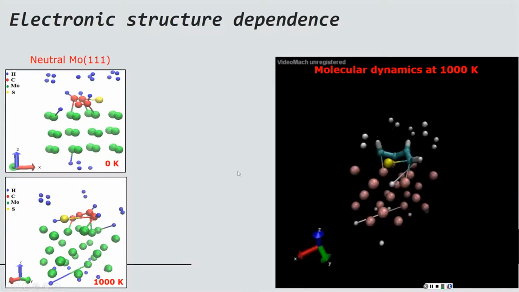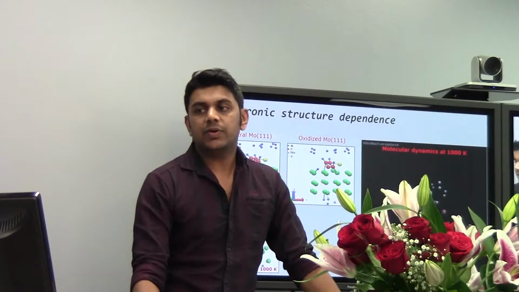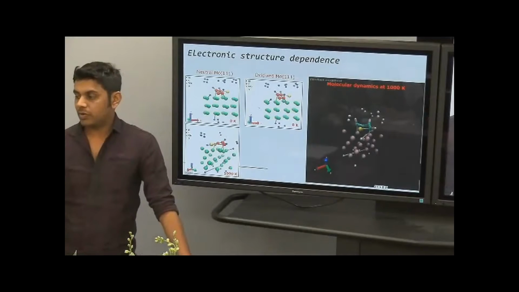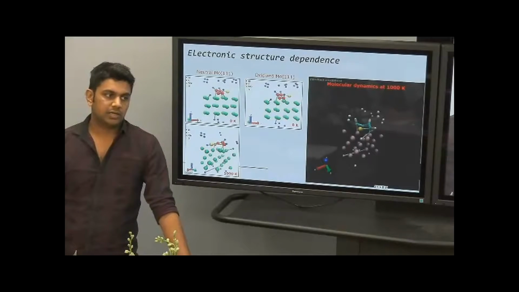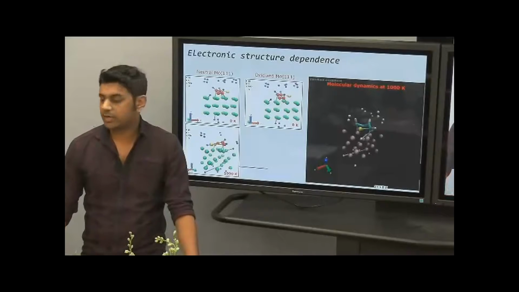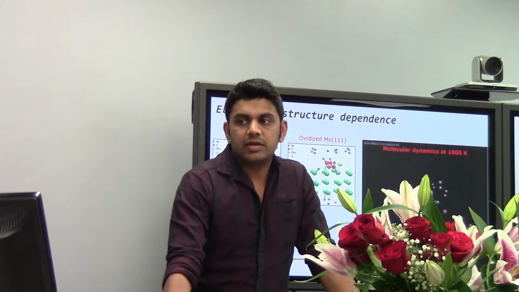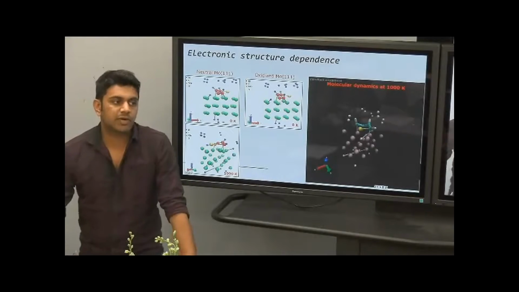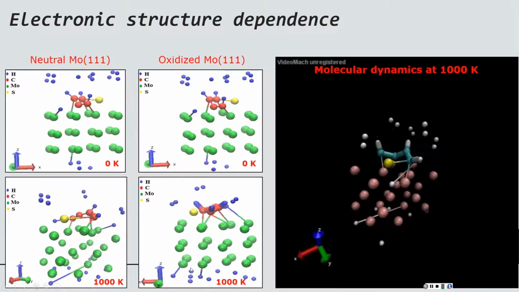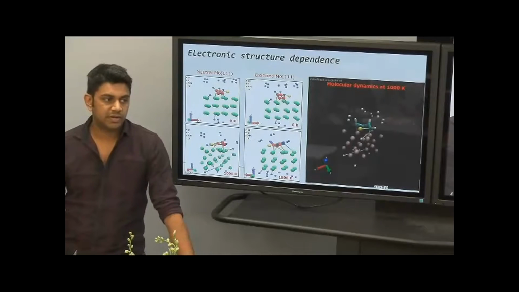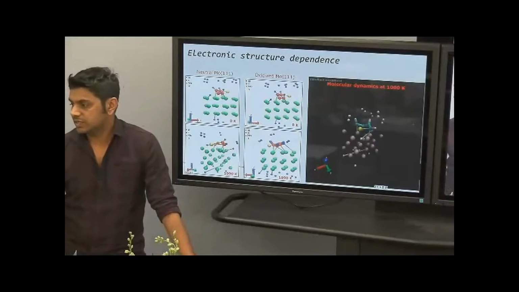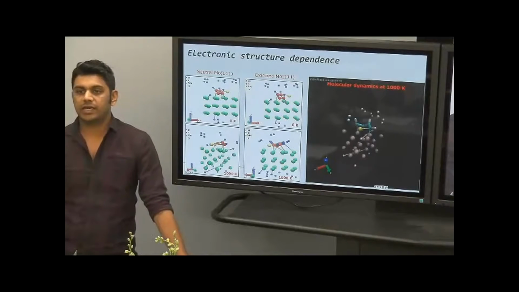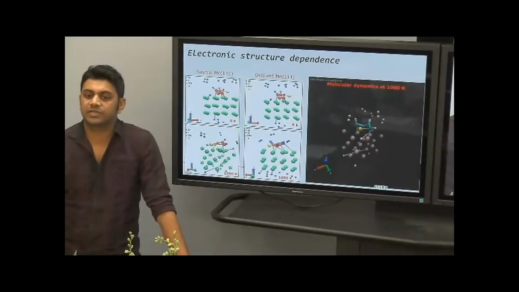And here you can see a thiophene molecule adsorbed on a moderately oxidized molybdenum surface. At 0 Kelvin, like on the neutral molybdenum surface, only one carbon sulfur bond is broken. When the surface temperature is increased to 1000 Kelvin, there is evidence of both carbon sulfur bonds dissociating. That means oxidized molybdenum surfaces seem to be catalytically active towards the hydrodesulfurization reaction.